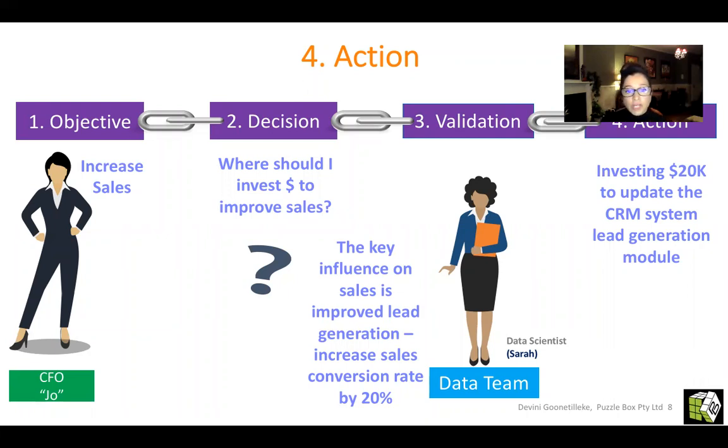So what Jo does is she's got the decision, she's got the validation, she knows then from that decision what decision to make and what action to take, which is so crucial. So she looks at then investing 20K to update the CRM system, but in a very particular area, in the lead generation module. So that is a decision-making process that a business will actually take.